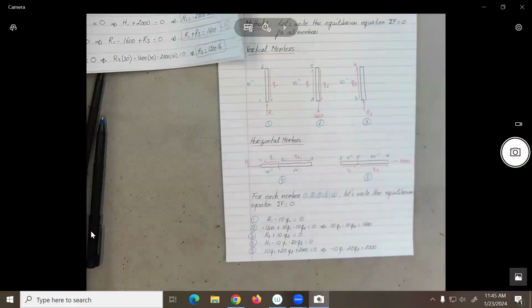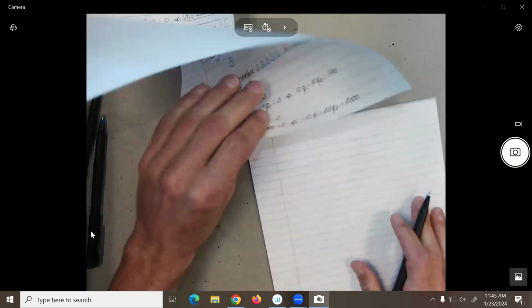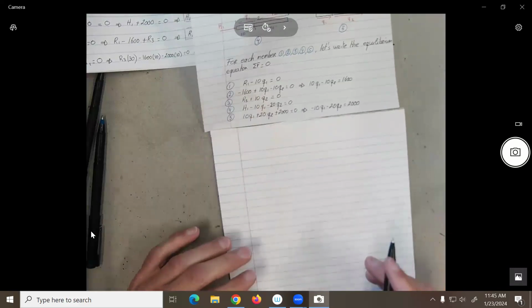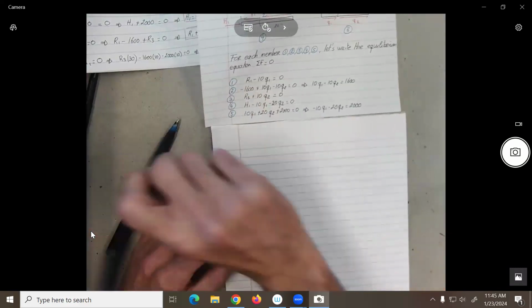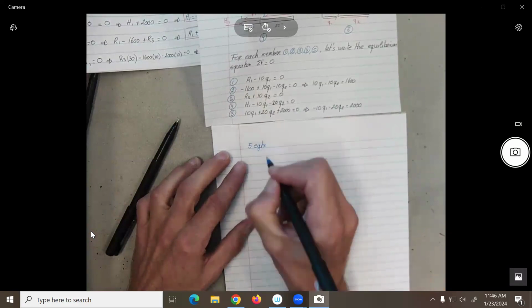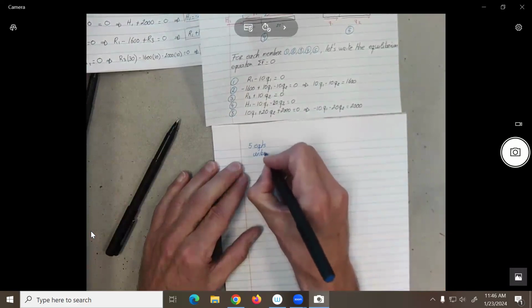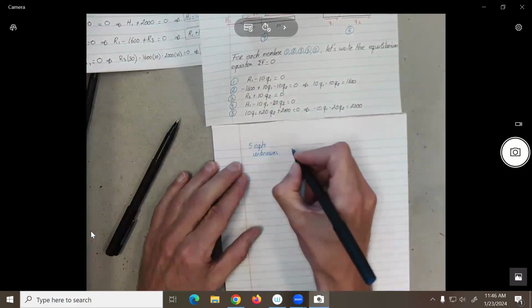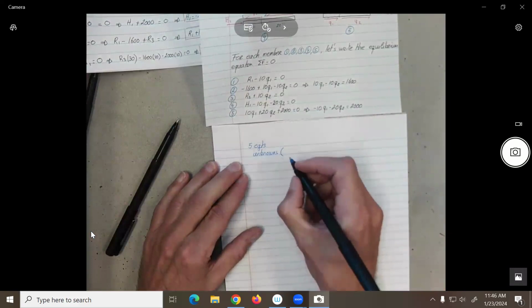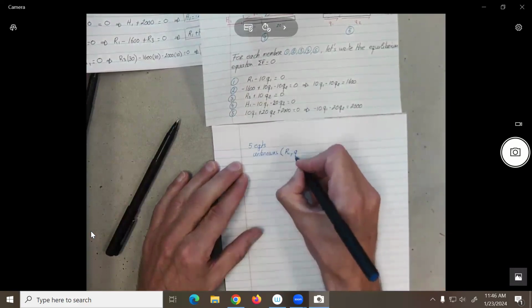Okay, so how many equations do we have? It's not that complicated to find out, no? How many equations? 5 equations. How many unknowns do we have? Let's count them. On equation 1, R1 and Q1.